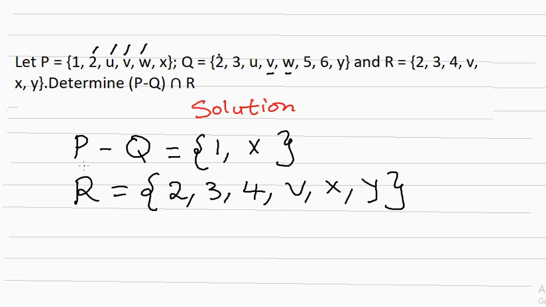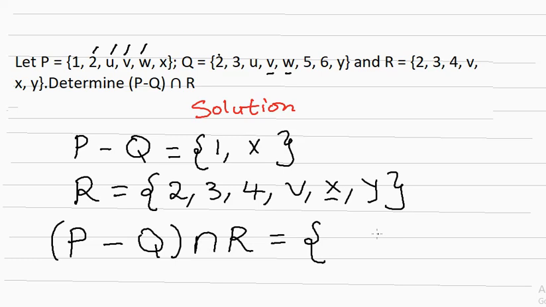What is common to P minus Q and R is just X. So P minus Q intersection R is simply going to be a singleton set that just has one element, X, inside of it. As simple as that.